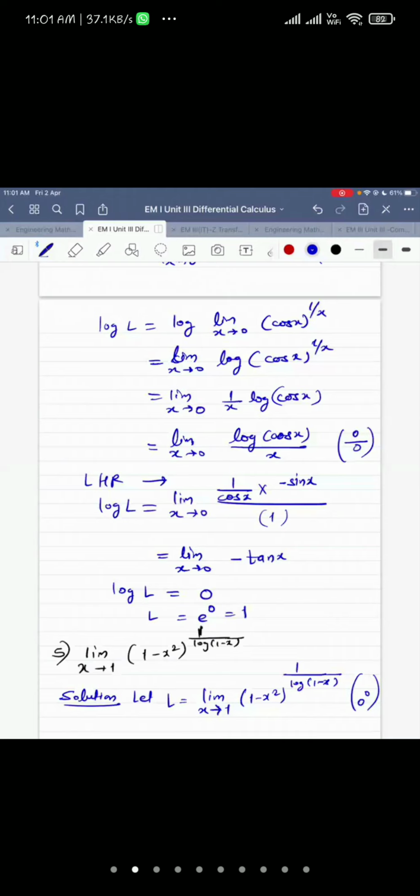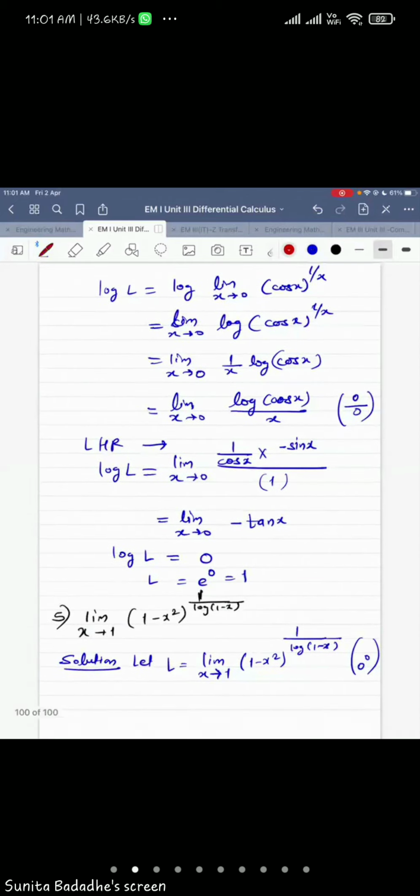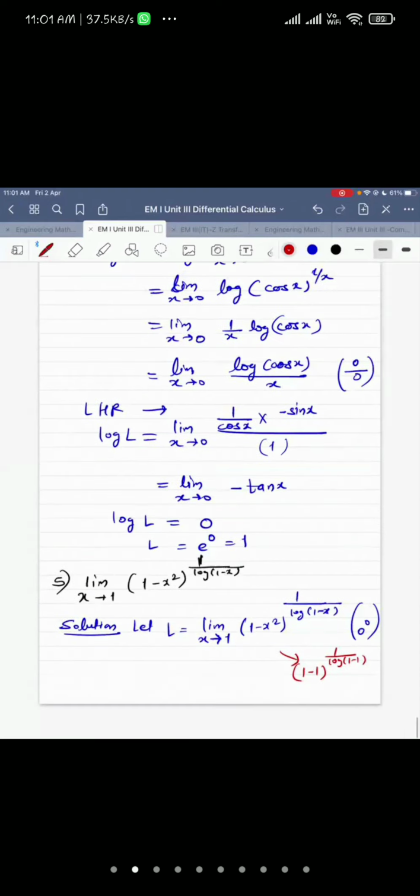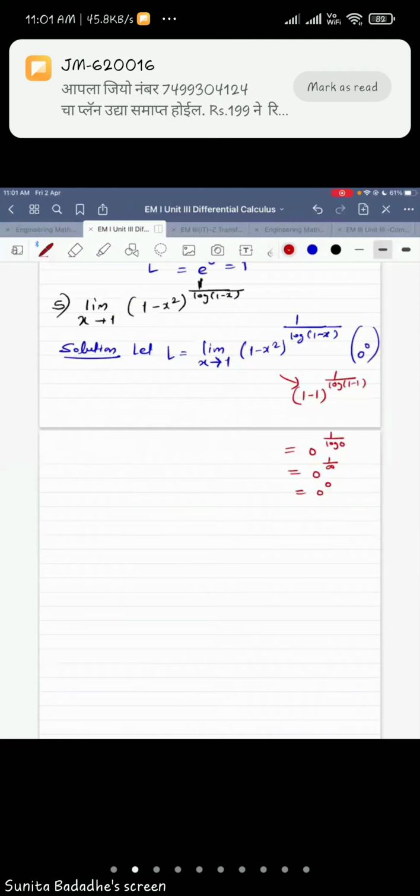We have used these type of calculations so many times now. It is 0 raised to 0. Why? Because x is tending to 1. So 1 minus 1, and 1 upon log of 1 minus 1, right? So this is 0, 1 upon log 0. But log 0 is infinity. So 0, 1 by infinity. That is 0 raised to 0. This is the explanation.